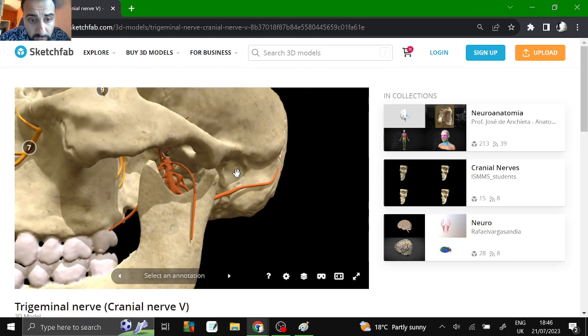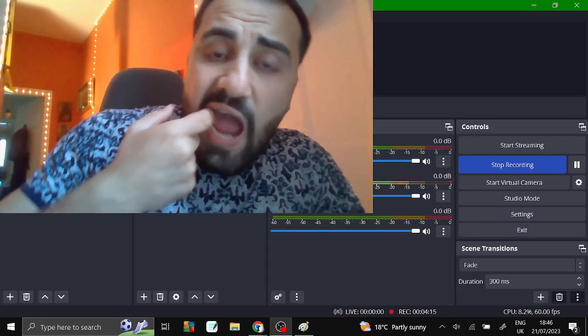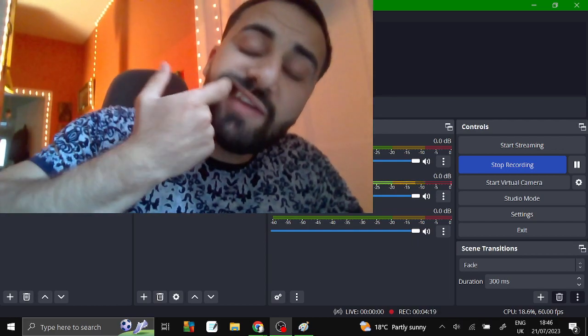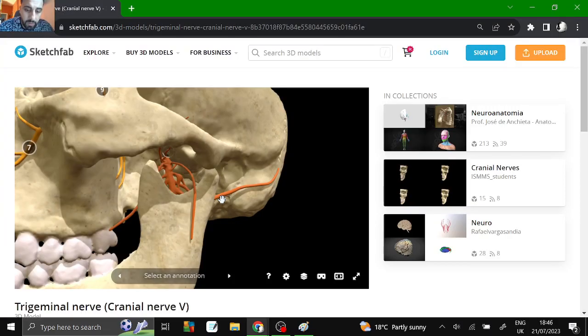Auriculo because it will go to the external ear and supply the sensory innervation to the auricle and the temporal region. And the next one is called buccal. The reason it's called buccal is because it supplies the buccal mucosa over here, which is the inner cheek, and the cheek itself. That's why it's called buccal nerve, which is a branch of the mandibular nerve.